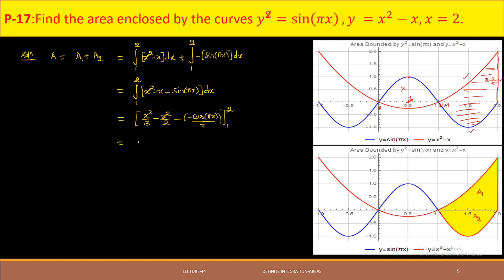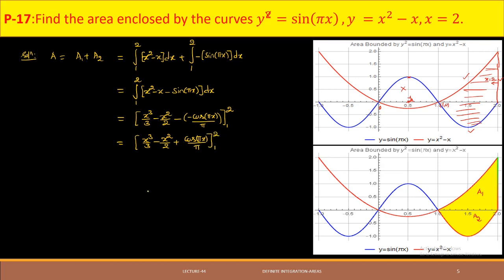So this is equal to, let me rearrange the terms here, x cube by 3 minus x square by 2 plus cos pi x by pi. The lower and upper limits are 1 and 2 respectively.